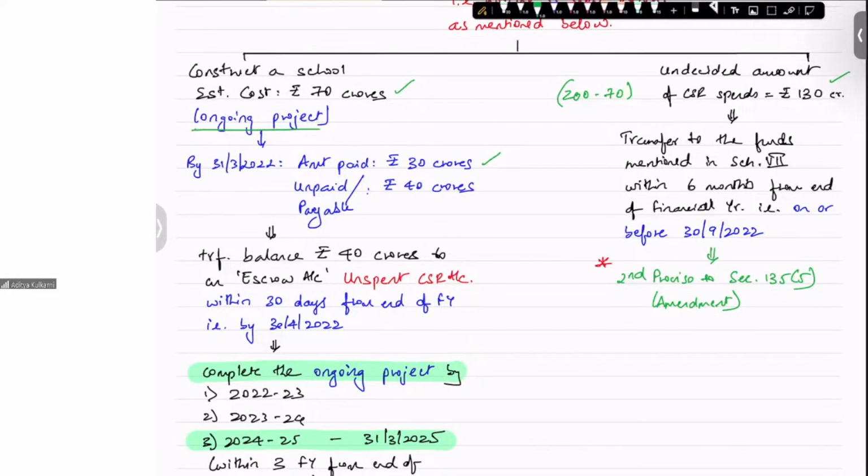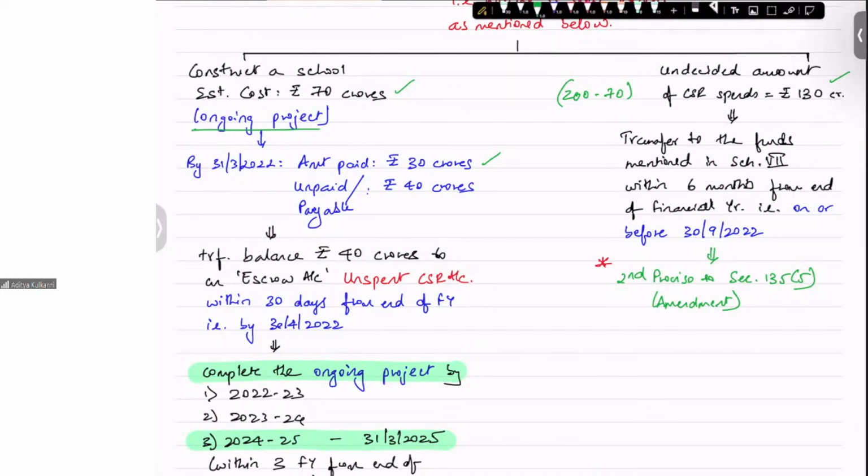The bank will ensure that the cheque you issue, whatever payments are being made, has to be made only for the purposes of the construction of the school. We call this an escrow account, an account that is designated for the purposes for which it was opened.